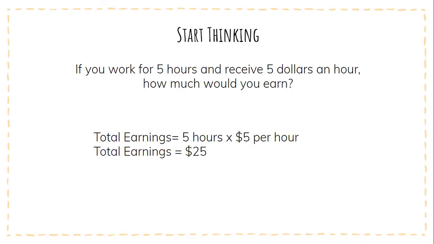So written on the bottom, I did write it out first. So my total earnings will equal my 5 hours times my $5 per hour. And then when I multiply the 5 hours by the $5 per hour, I get my total earnings equals $25. So when I work 5 hours for $5, I'm going to earn a total of $25. So that one was pretty easy.